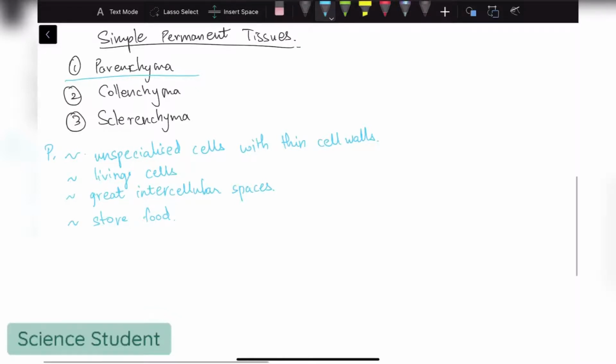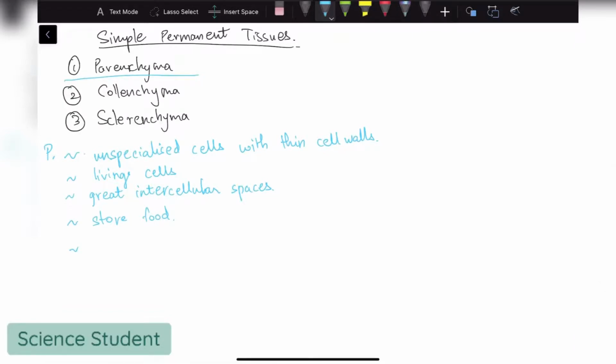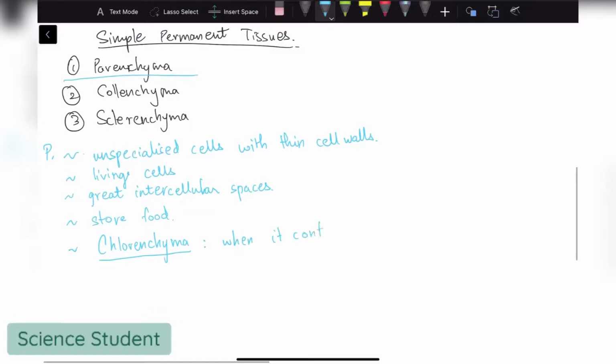Now, when this parenchyma contains chlorophyll, it also produces food, not just stores it, and then it is called chlorenchyma. Chlorophyll helps in photosynthesis.